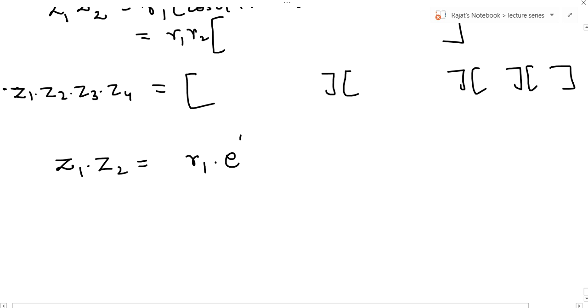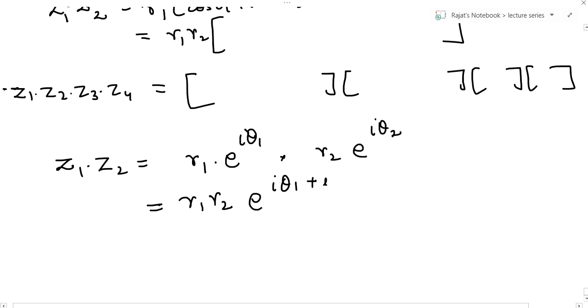So r1 e to the power i theta 1 into r2 e to the power i theta 2. Now see, r1 r2 is constant. When two numbers are multiplied having the same base, then what happens? The power is added up. So you will get i theta 1 plus i theta 2.